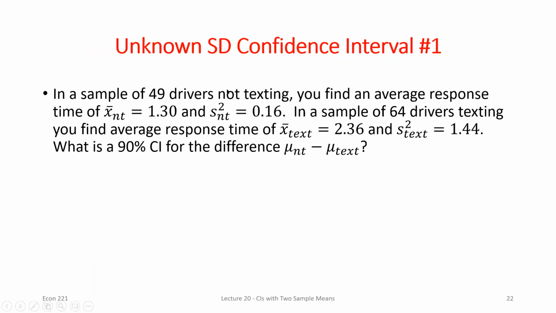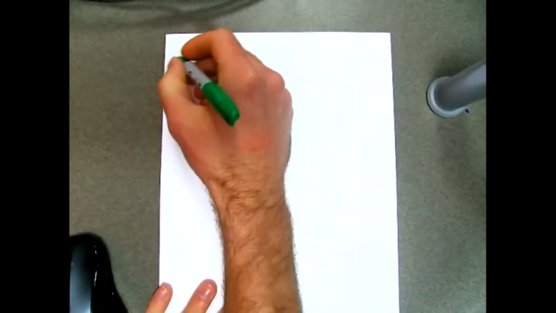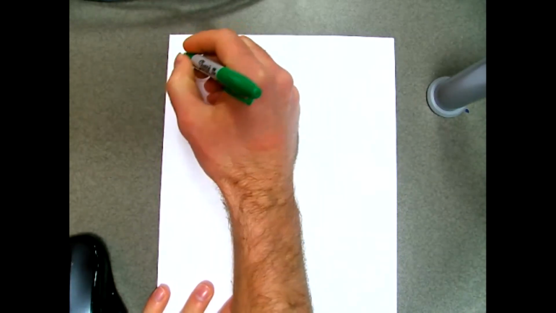So let's look at an example. Here, I'm going to write out my confidence interval equation in the context of our example, and we'll think about plugging our values in. My group 1, I think the setup was the response time for people who were texting while driving versus those who were not.